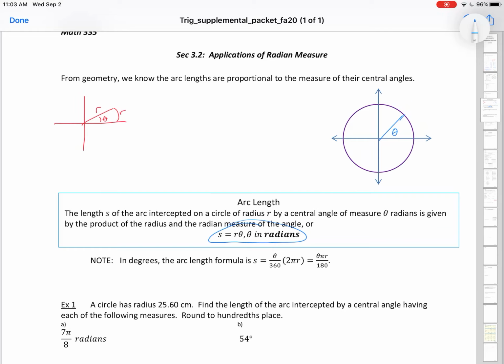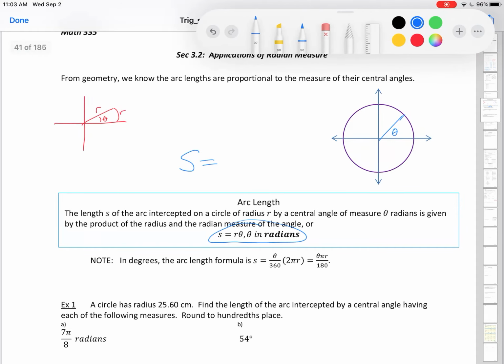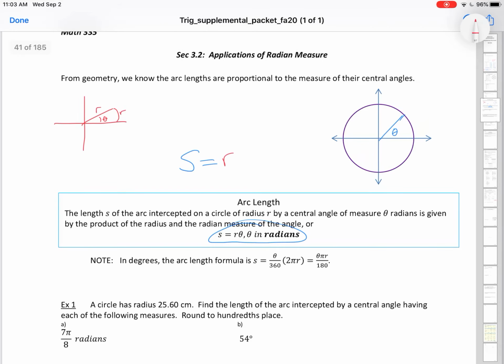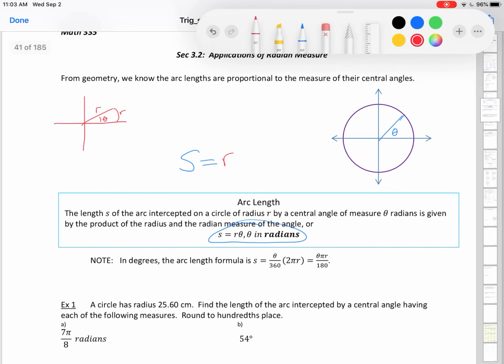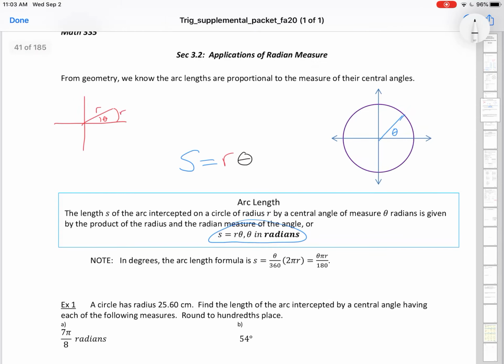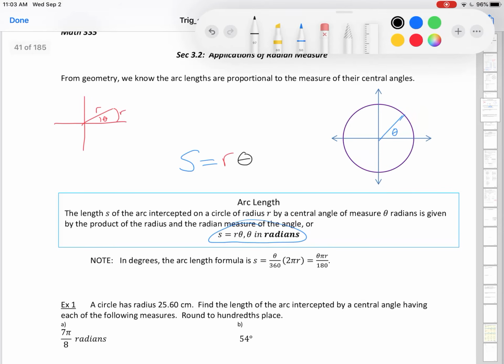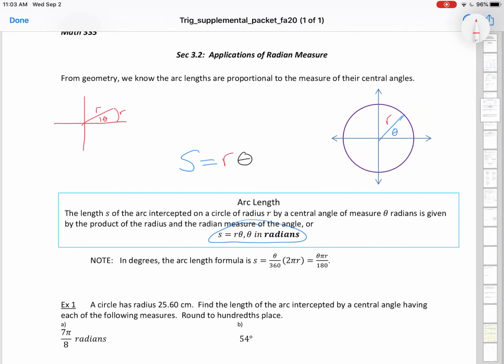And so let me put some symbols in here. Remember, S is equal to, and now I will use different colors because I can, R times, and we'll use black, theta, right? And so what is R? R is this distance right here, as it always is. It's the distance from the center to the edge of the circle, right?